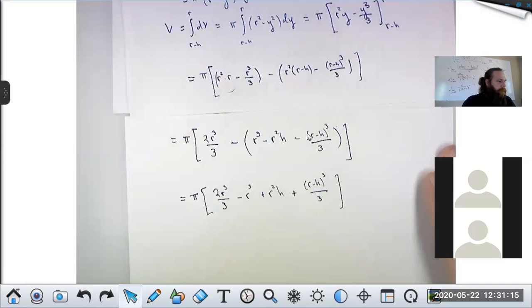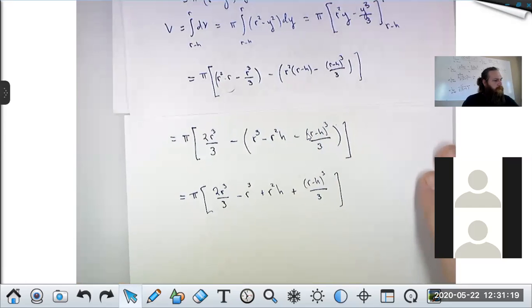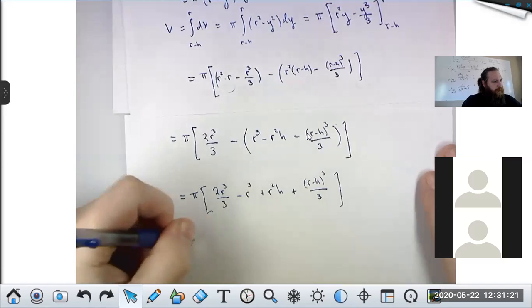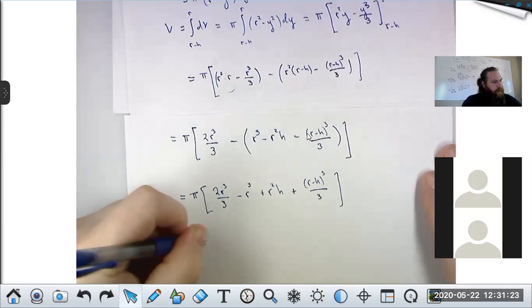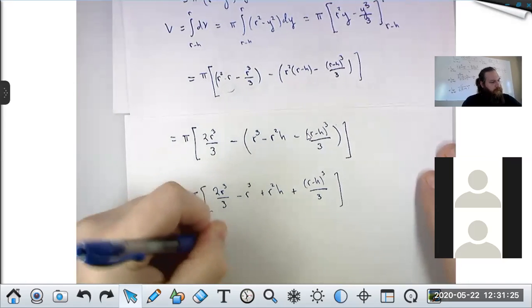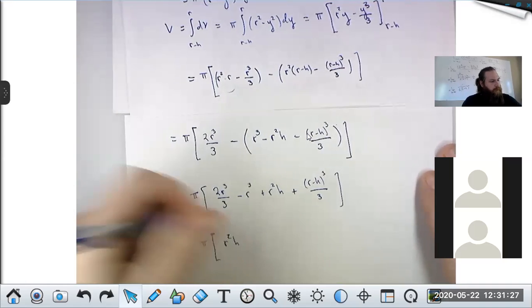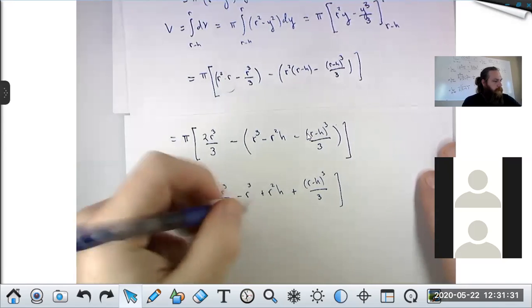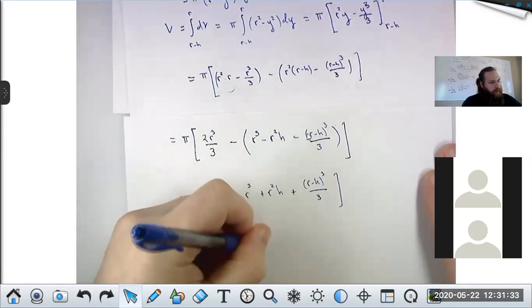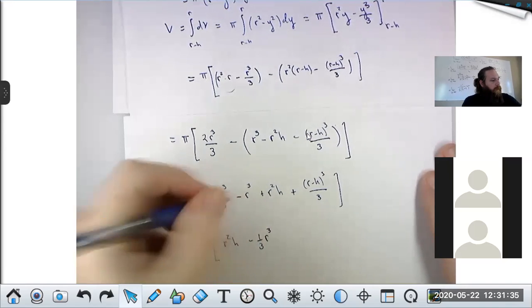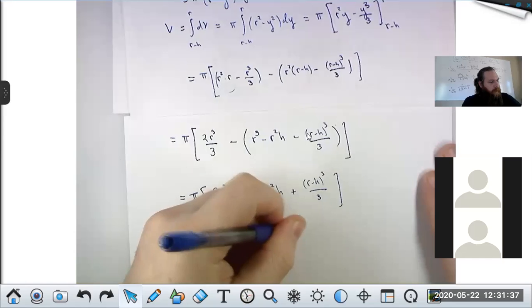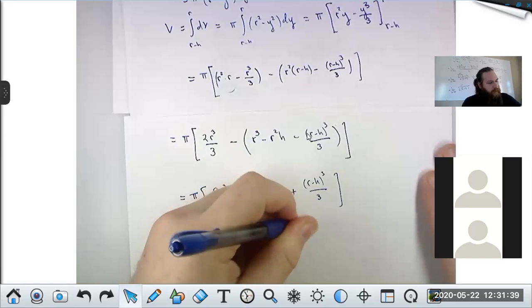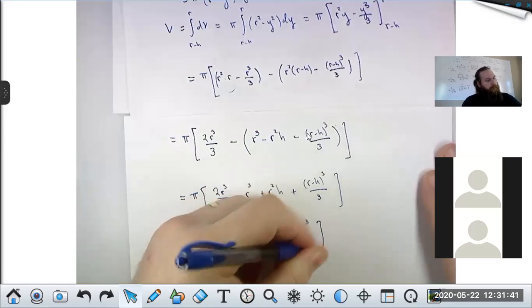Like this. And so finally, what do we get? I've got an r squared h term that's not going to interact. These two can come together to minus 1/3 r cubed. And this piece is the (r minus h) cubed over 3 still.